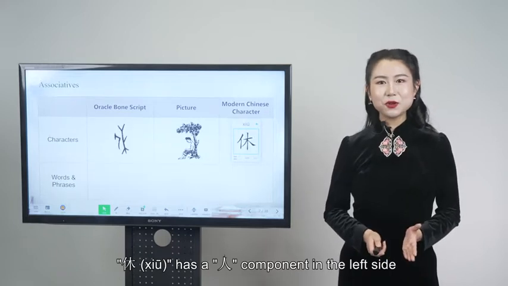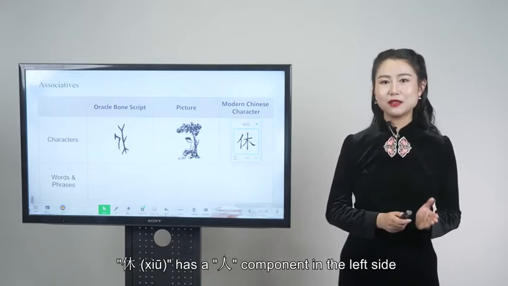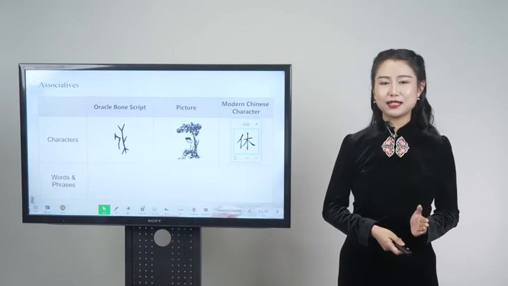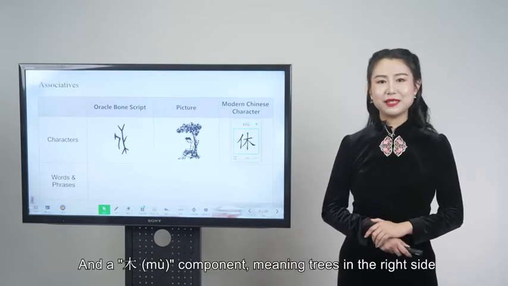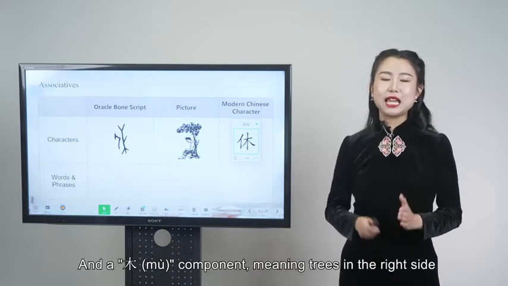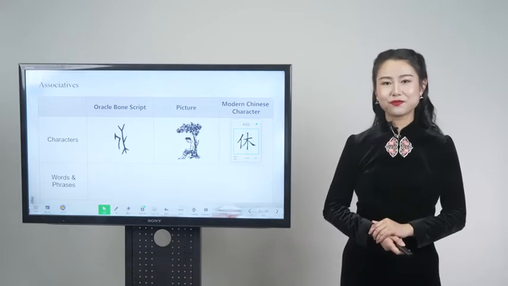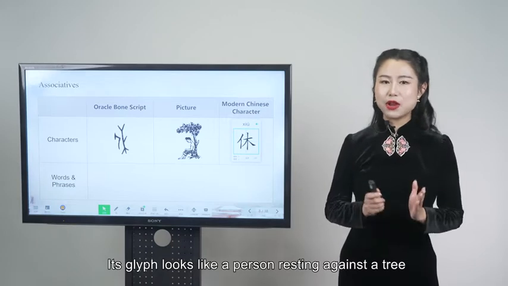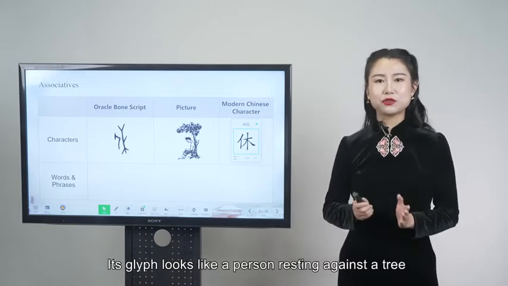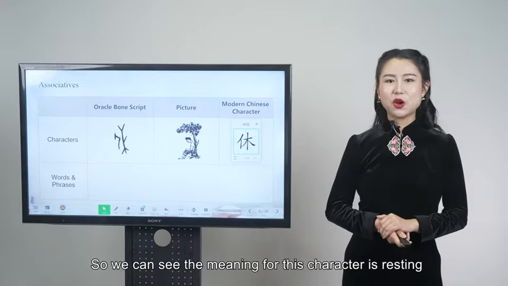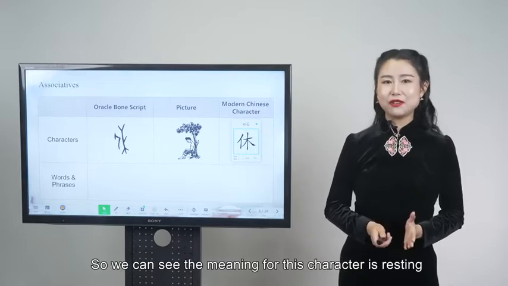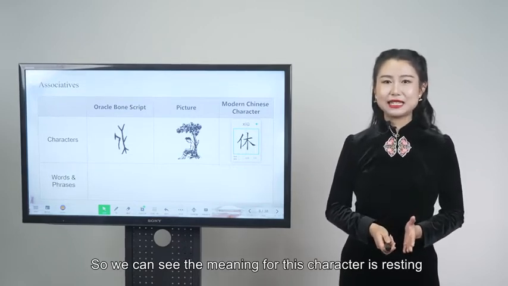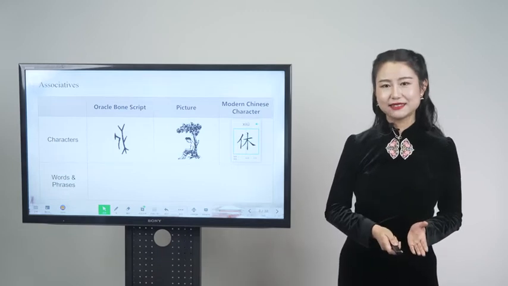For 休, it has a 人 component on the left side and a 木 component, meaning trees, on the right side. Its glyph looks like a person resting against a tree. So we can see the meaning of this character is resting.